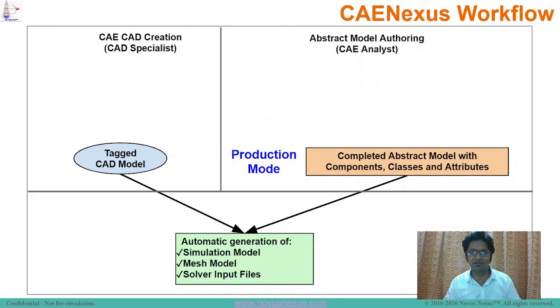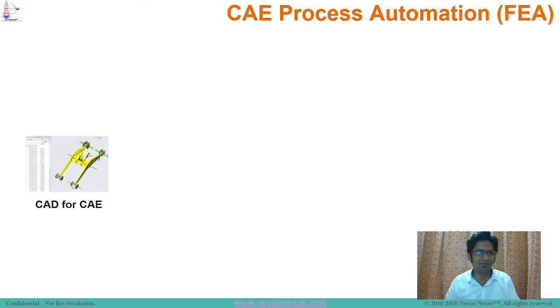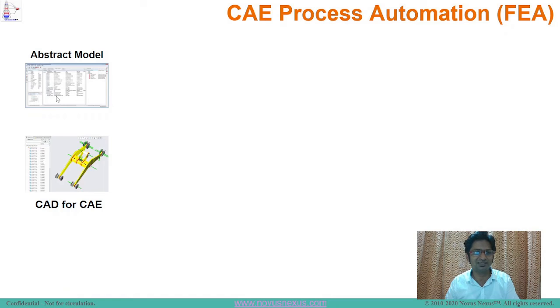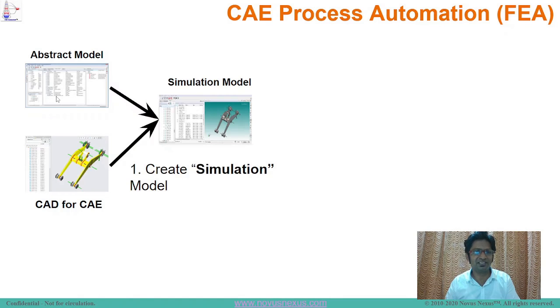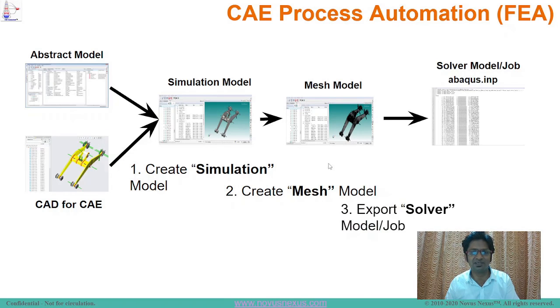So this is the overview about the CAENexus workflow. Just to summarize, we have the CAD model from the CAD specialist, we have the standardized abstract model file from the analyst, and when we synchronize both these things, the rest of the steps are automatic. That is creation of simulation model, creation of mesh model, and creation of input deck.